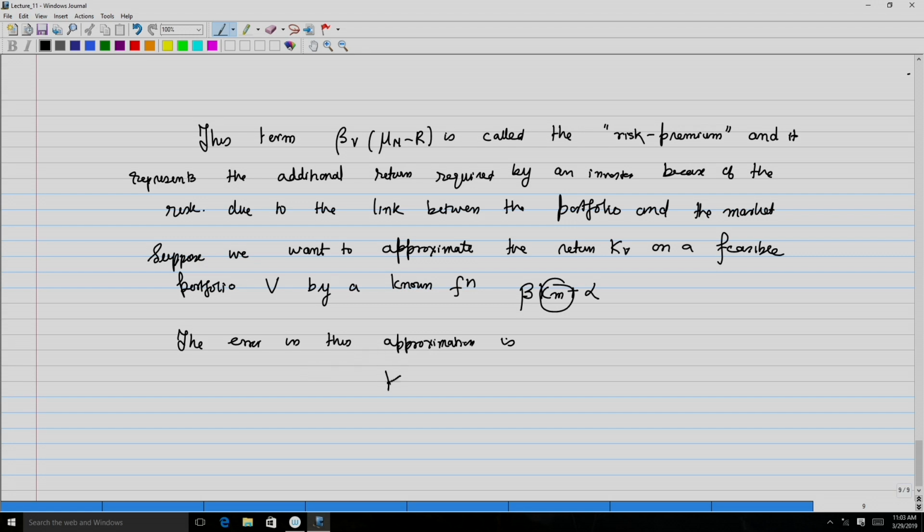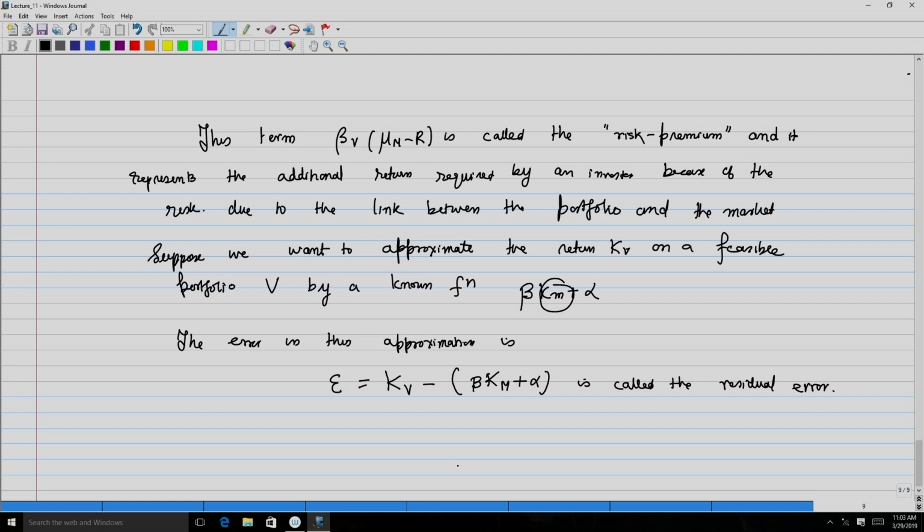This error is going to be k v, which is the actual observed return, minus this approximated return beta k m plus alpha, and I will call this error epsilon, and this approximation error is called the residual error.